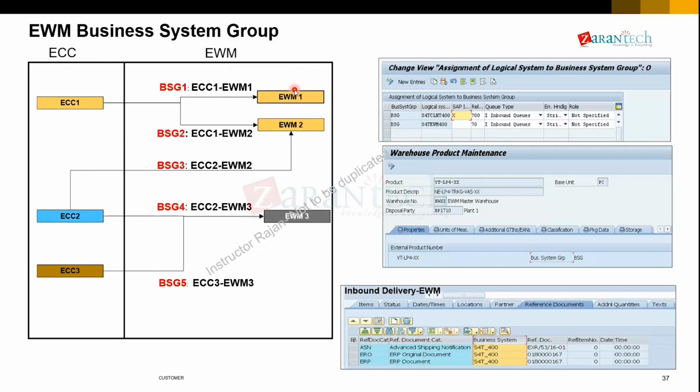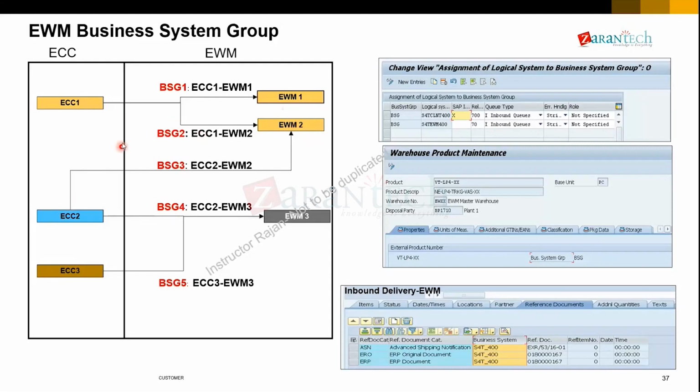Just keep that in mind. In this kind of setup, we need to know, for example, whenever EWM2 has to send a goods receipt message or a goods issue message, it needs to know for which target system it has to send the communication, right? It can potentially go to ECC1 or to ECC2.